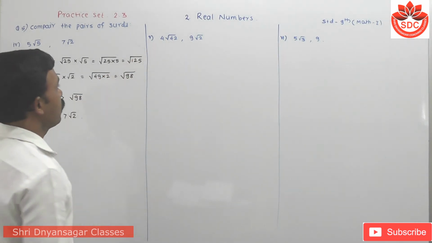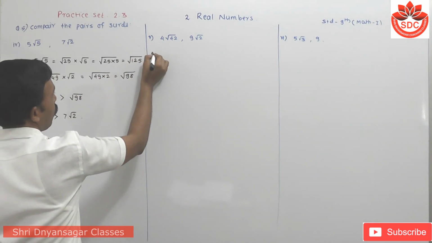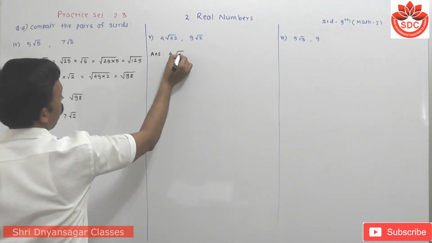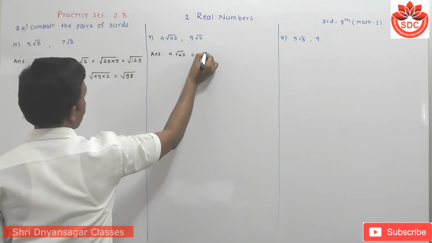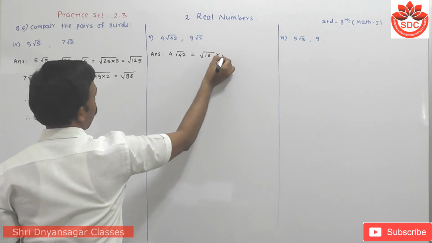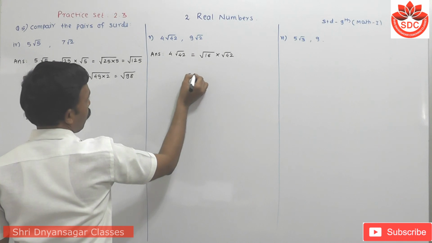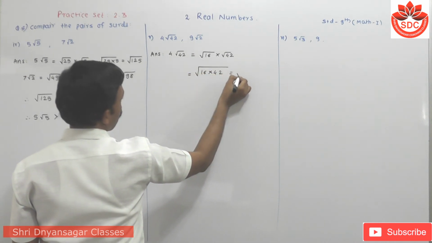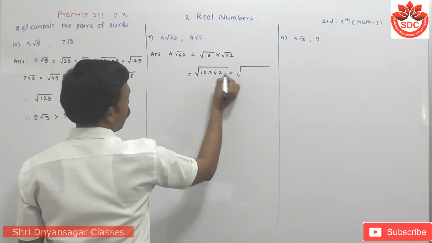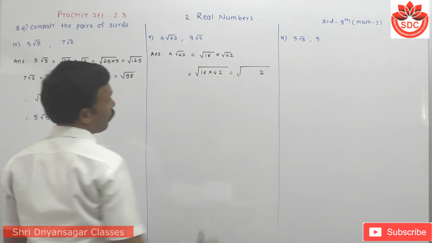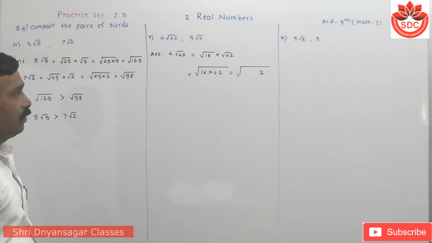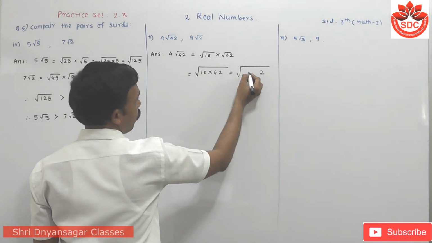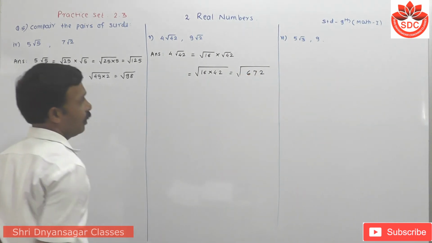Then the next one is 4 root of 42 and 9 root of 2. Here is 4 root of 42. First I will write this 4 as 16 into root of 42. Then it becomes root of 16 into 42, which is root of 672.